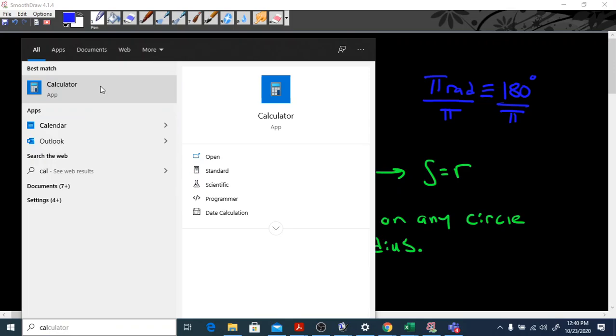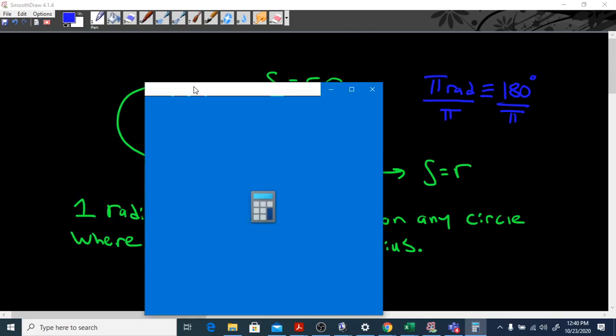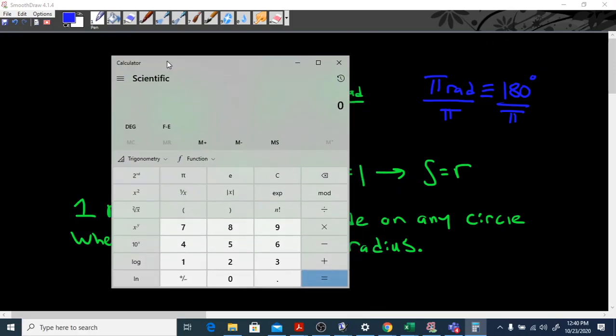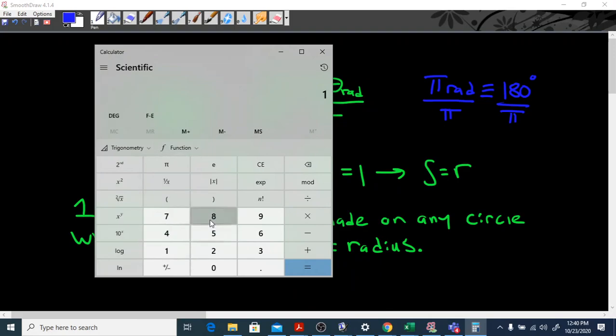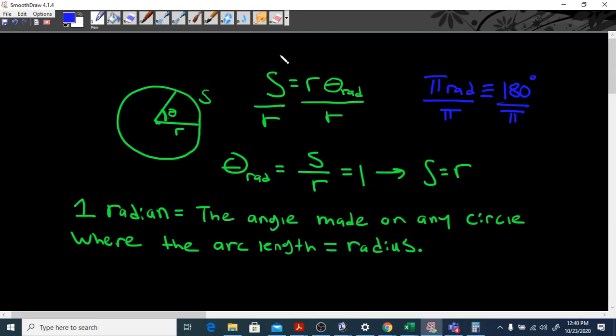Let me pull my calculator up here. So if I take 180 and divide that by pi, then I get 57.29 degrees, or approximately 57.3 degrees.